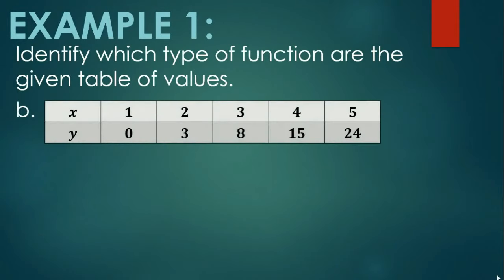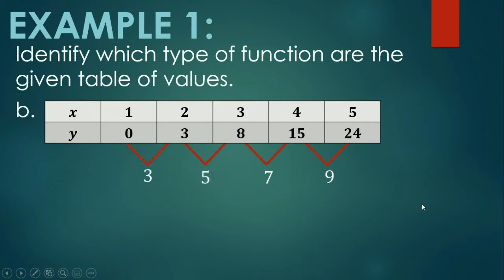Item B, we have this table of values. So, as you can see in our x part, consecutive numbers, yung nandito, 1, 2, 3, 4, 5, meaning we can use the shortcut method to identify whether this is a linear function, quadratic function, or exponential function. So let's try to identify their first differences muna. We have 24 minus 15 is 9, 15 minus 8 is 7, 8 minus 3 is 5, and 3 minus 0 is 3.